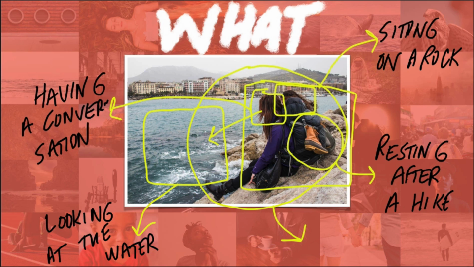So since they're sitting in front of the water, maybe they're waiting for a boat. So in this one picture, there are 5 different pieces of information that could possibly answer the question of what. Either they are having a conversation, just sitting on a rock, resting after a hike, waiting for a boat, or looking at the water.